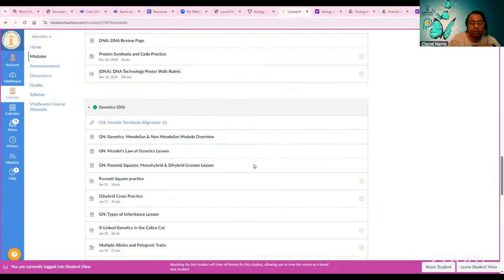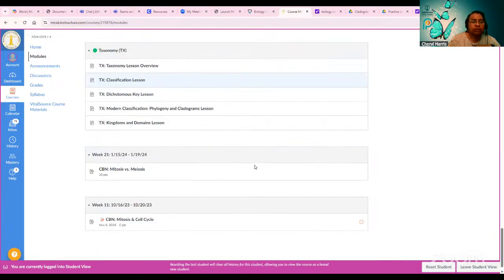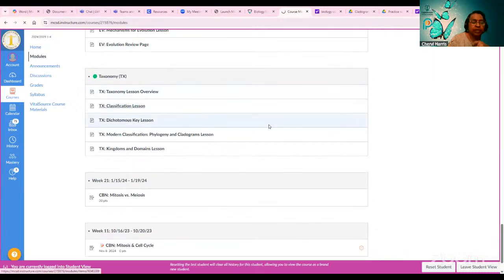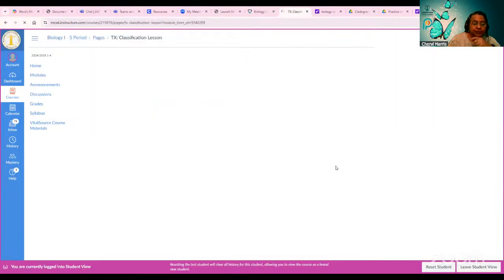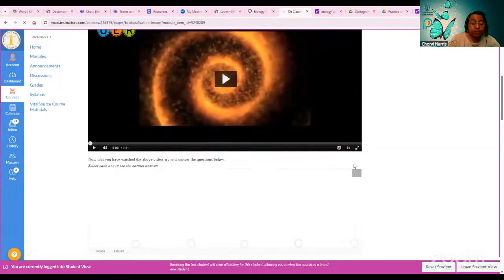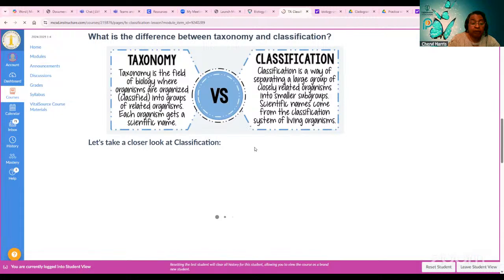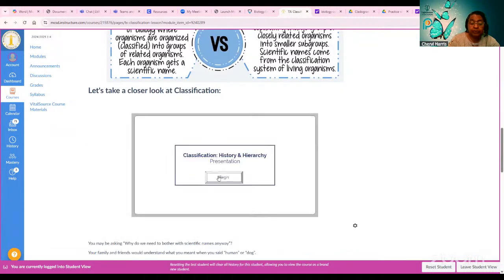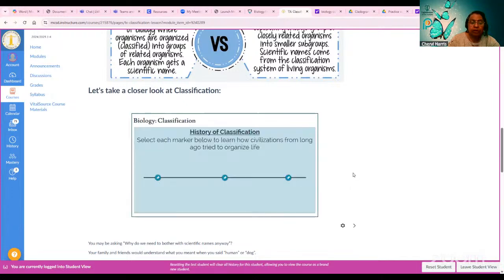We are in the module for taxonomy, and we're doing the classification lesson. Okay, so again, your first thing to do is you're going to read this page. After you've read the page, it says look closer at classification, and you have a hierarchy.